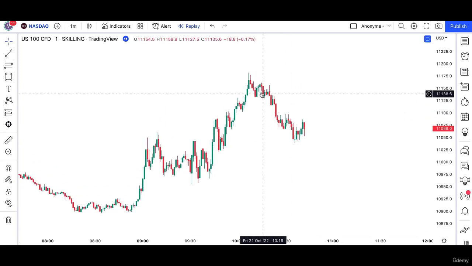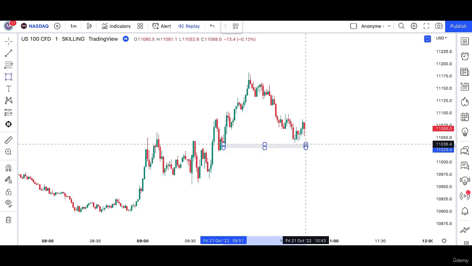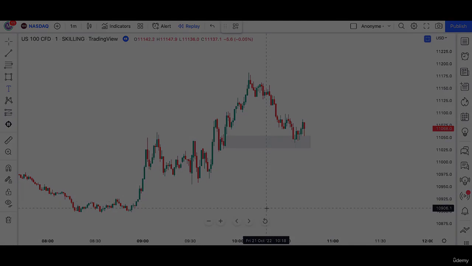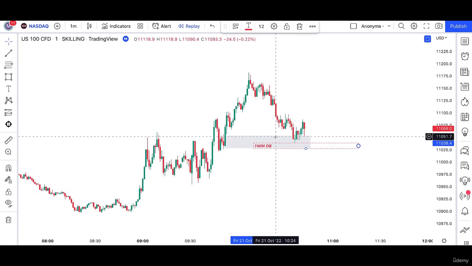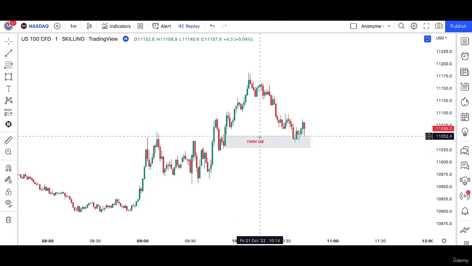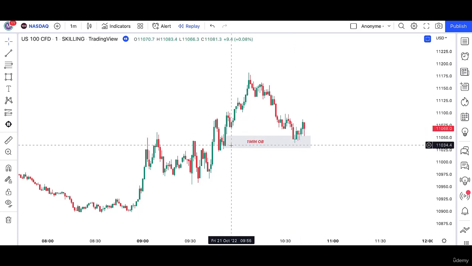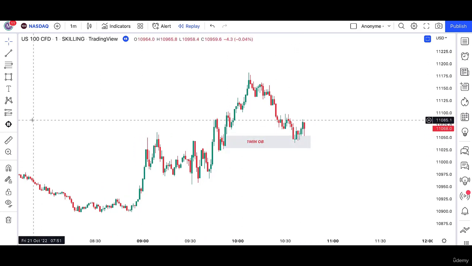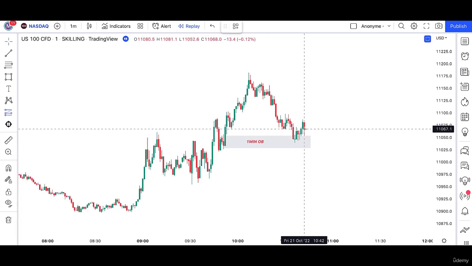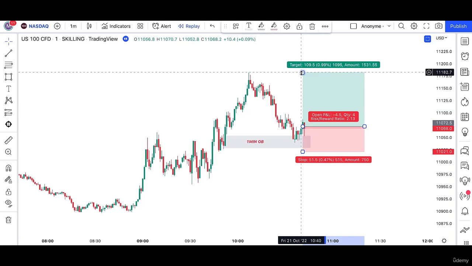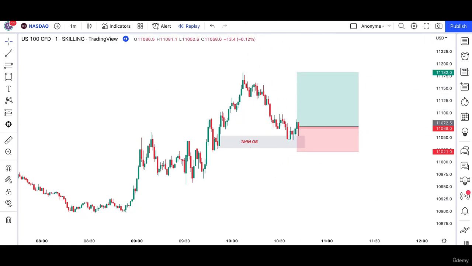Here price made a retracement back to this bullish 1-minute order block. Normally you'll see that price starts to trade higher once it reaches this bullish order block, so maybe you'll think about taking a long position here and putting your stop loss below the order block. So let's see what will happen next.